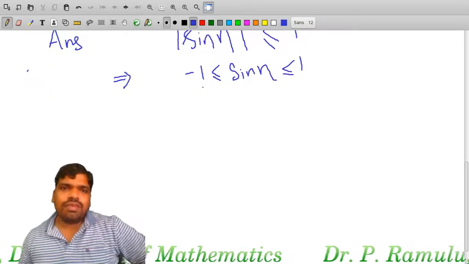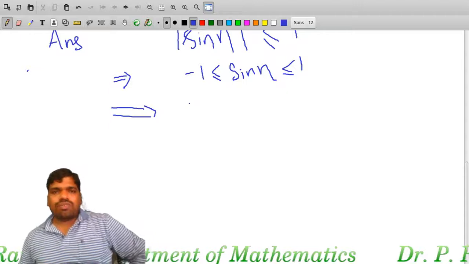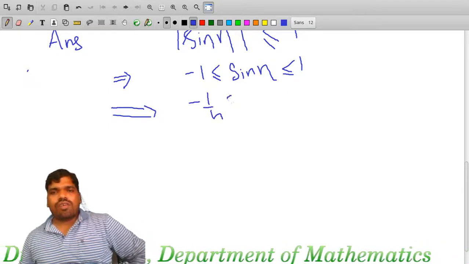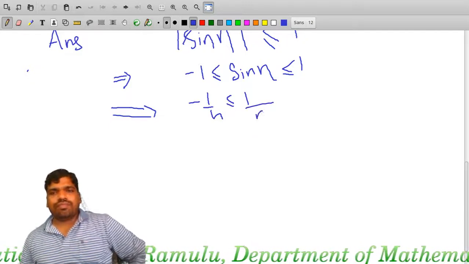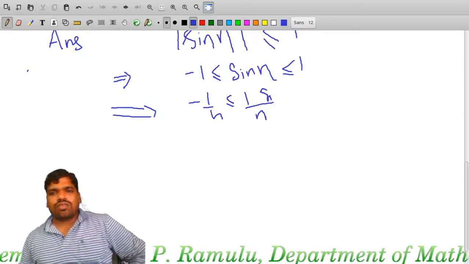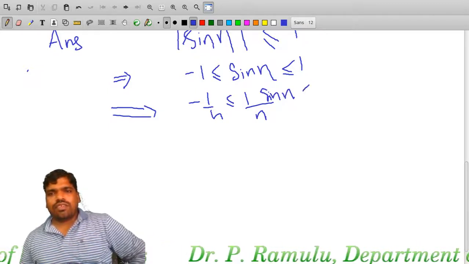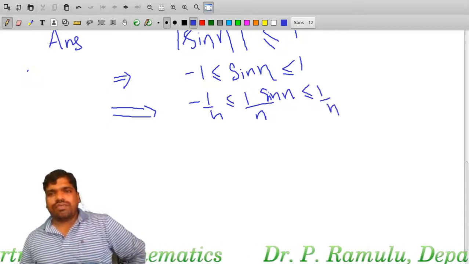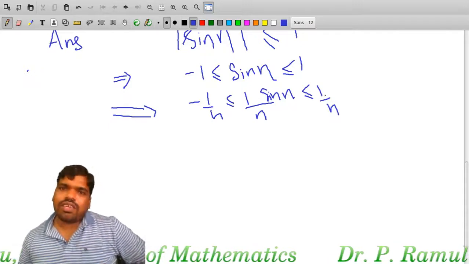If I multiply by 1 by n, so minus 1 by n is less than or equal to 1 by n sin n is less than or equal to 1 by n. If I apply limit, I know that this is an less than or equal to sn less than or equal to bn.